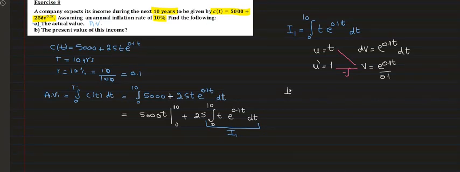So the I1 is u times v, so it's t times e power 0.1 t over 0.1, and we substitute that part by 10 minus 0, don't forget this, minus the integration of 1 times that term. So we can take the 1 over 0.1, and instead of integrating it again, write it with the integration.